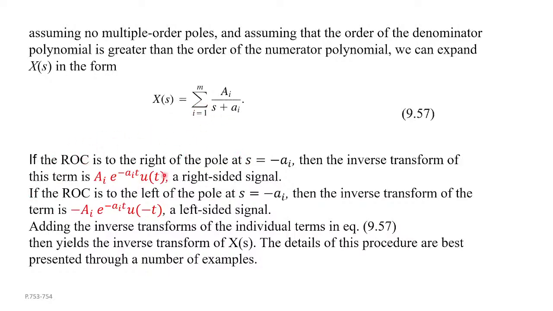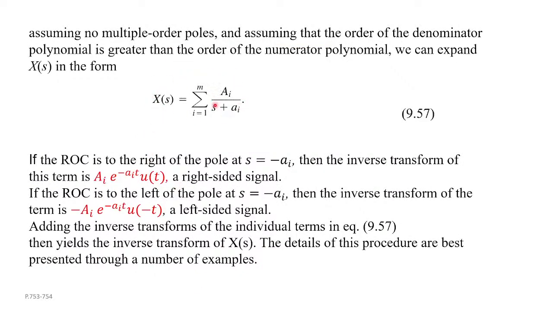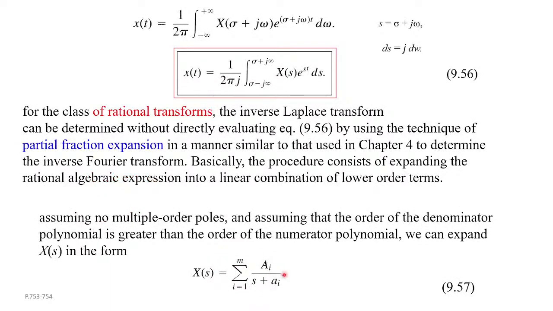If you are picking the right side ROC, then it's this positive exponential decay, and if it's the left side ROC, then you pick this negative side exponential decay function. So you look at the ROC of the total thing, then you think about how the ROC of each individual term should be.